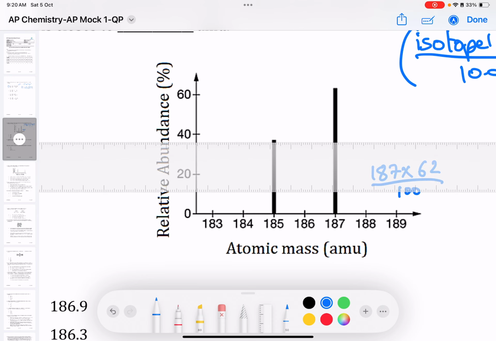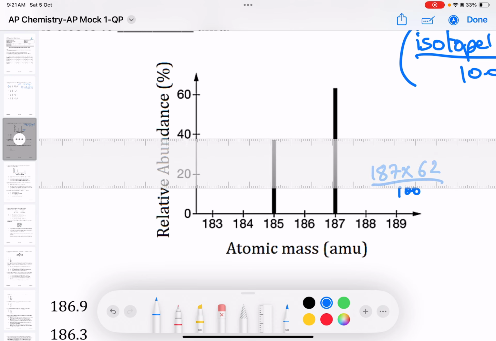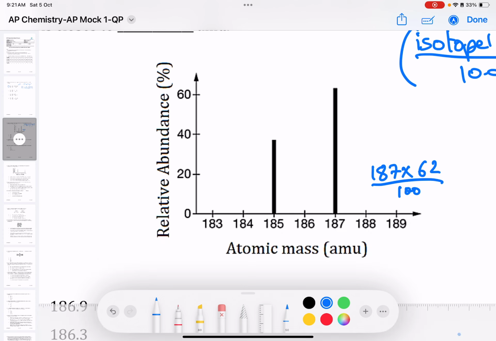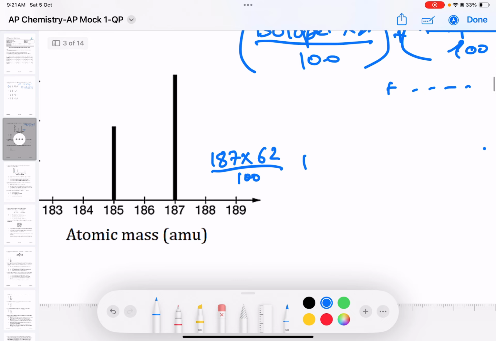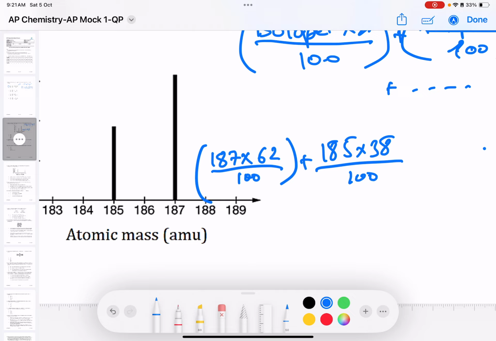And for the other one, it is 185 multiplied by almost 30, and it's more than 35, between 20 and 40, and then it's above 35, it's probably, I would take it 38. So plus 185 times 38% over 100.